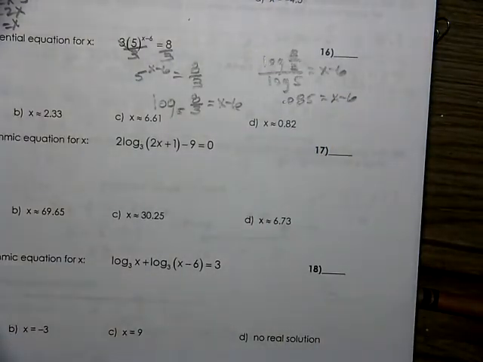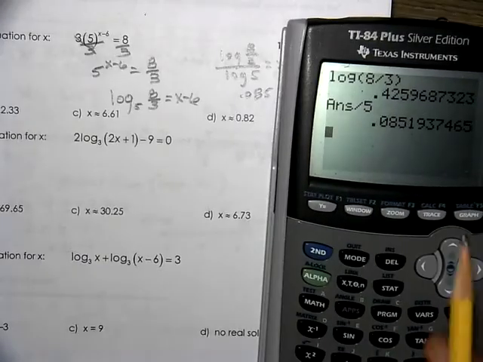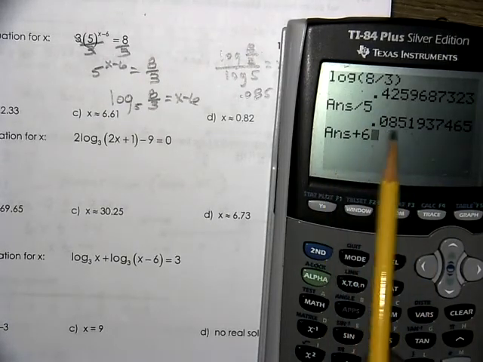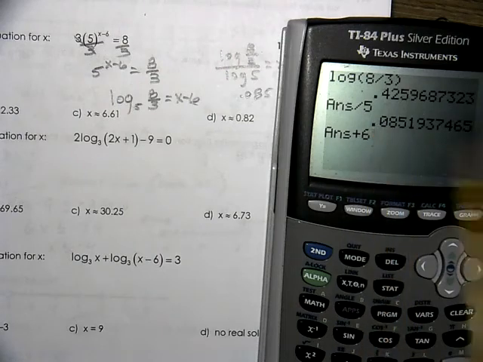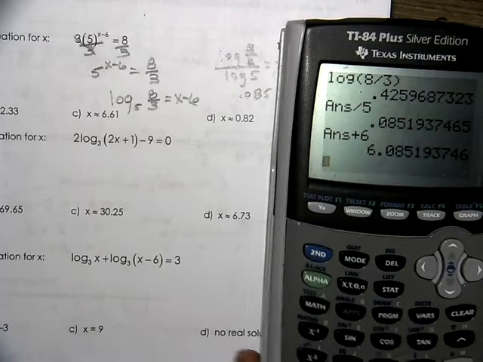Then we would add 6 to that. Now when you do your work, don't use a rounded number. Use the actual value to allow you to add 6 to the whole value. So this is about 6.085.